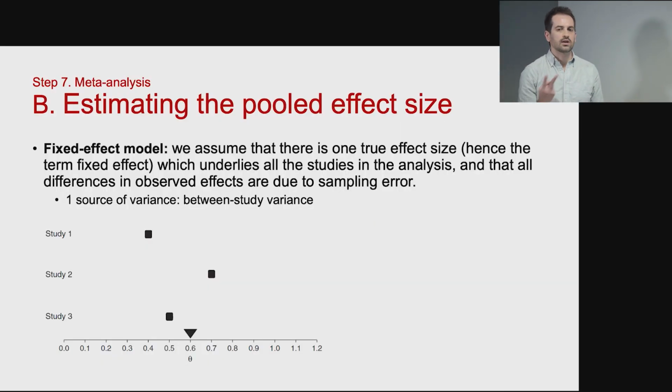Basically, there are two kinds of models that you can use to estimate this pooled effect: fixed effect models and random effect models. In fixed effect models, the assumption is that there is one true effect size for all the studies. And the reason why we have differences in the results of these studies is because of estimation error, sampling error, for example. Let's say that here is a forest plot. I just report without confidence intervals here.